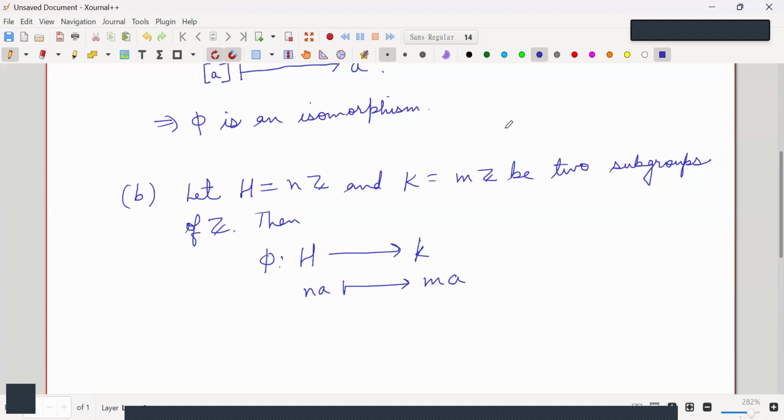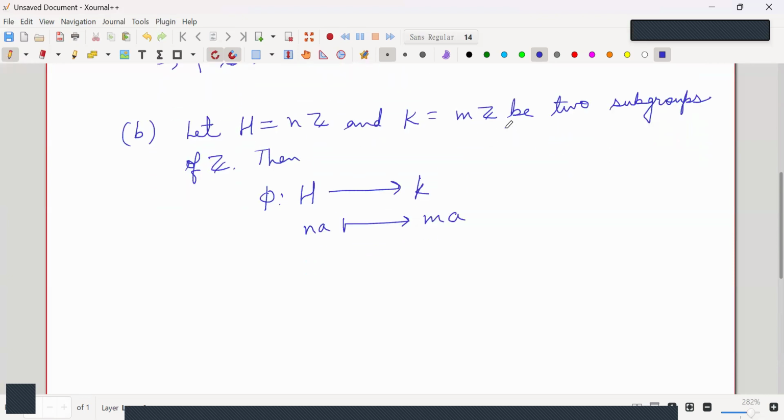Well, first of all, we should check that phi is a homomorphism.